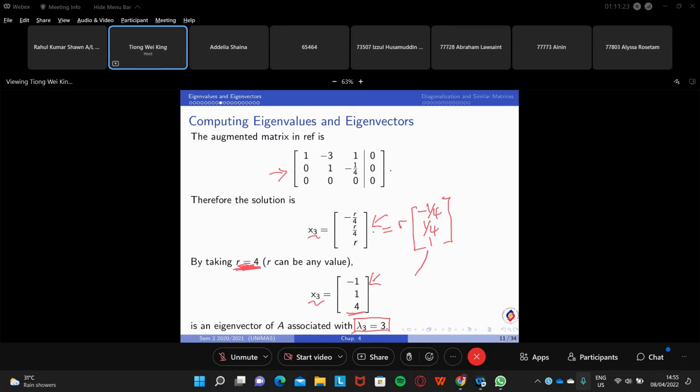And this part is your eigenvector. If you don't know what R to choose, this is another way for you to find the eigenvector.